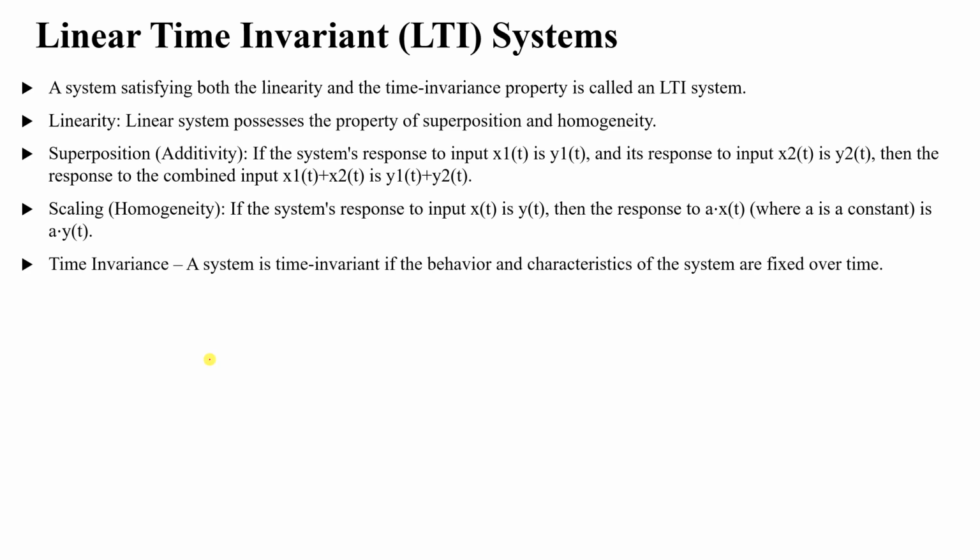The last property is called time invariance. It means that the system is time invariant if the behavior and characteristics of the system are fixed over time. So let's say at time equal to 0, we have this LTI system. I give it a certain input x1, so it gives us a certain output y1.